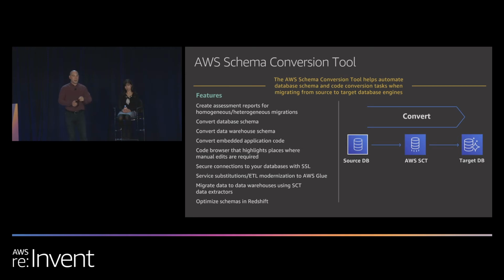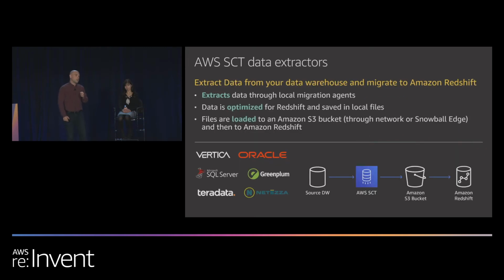How many varchars or really large binary strings and things like that do you have? This tool will flag those things and give us an idea of how much work a migration is going to be. That's one really nice thing I like about it. Then it also does the conversion of the schema. It can push it over and write it into Redshift if needed. And it also has extractors, and it can do a one-time movement of data if necessary.